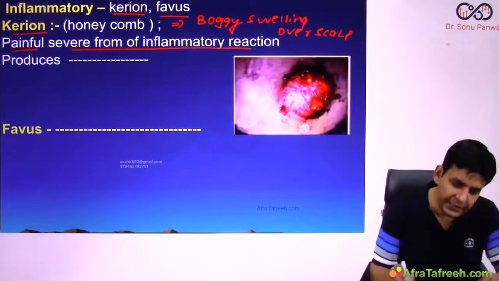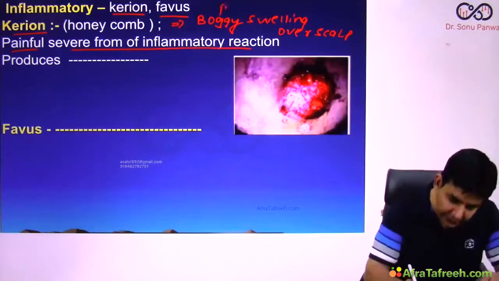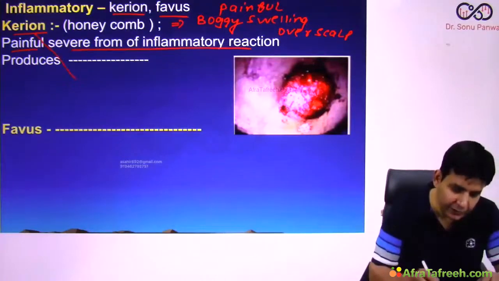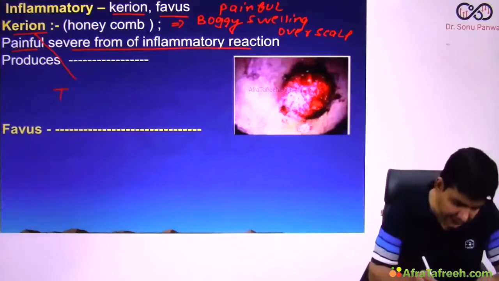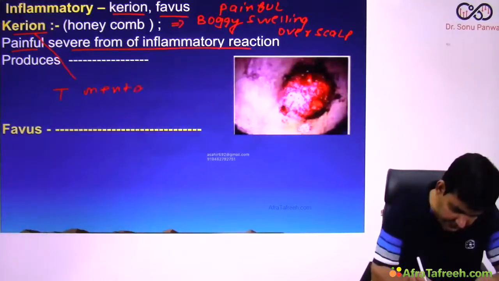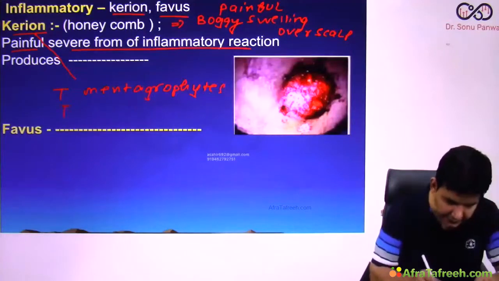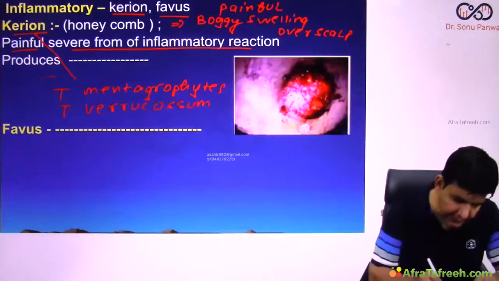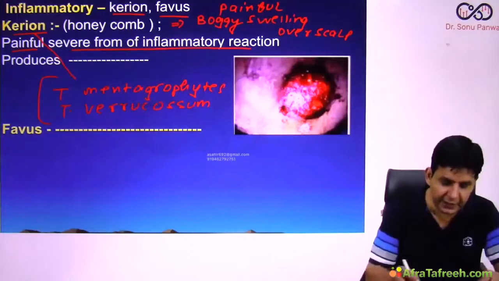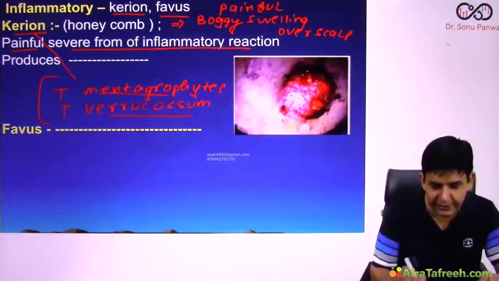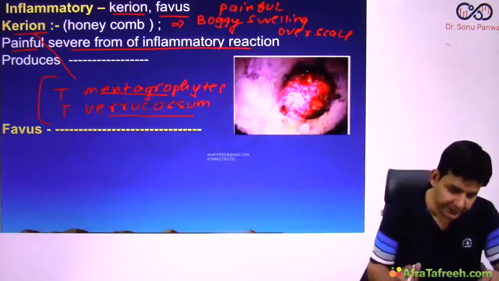So boggy swelling over the scalp, and that too painful. It is painful, that you need to remember. Kerion is mostly caused by Trichophyton mentagrophytes and Trichophyton verrucosum. These are the two associated with kerion. Painful boggy swelling over the scalp and caused by mentagrophytes and verrucosum. This you need to remember.